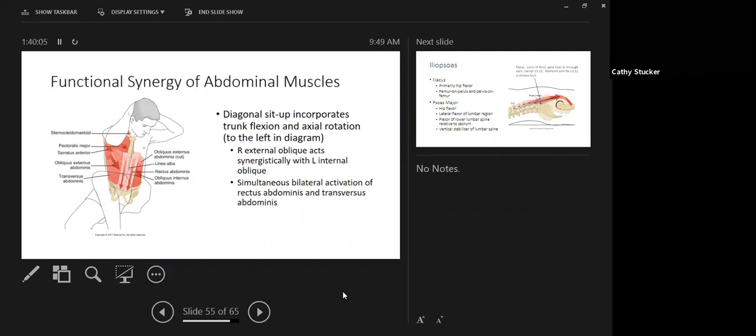Your right external oblique and your left internal oblique produce, in this case, left rotation, right? They're working together, and then rectus abdominis and transverse abdominis are helping with that motion. So the abdominal muscles must be able to communicate and coordinate their movement for some nice smooth control.